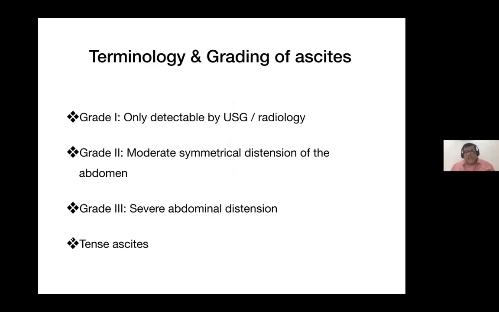Tense ascites is a term which was defined based on intra-abdominal pressure, but for us as clinicians, tense ascites means whenever there is a resistance to palpation of organs on per abdominal examination, when you try to press your fingers in the ascites.